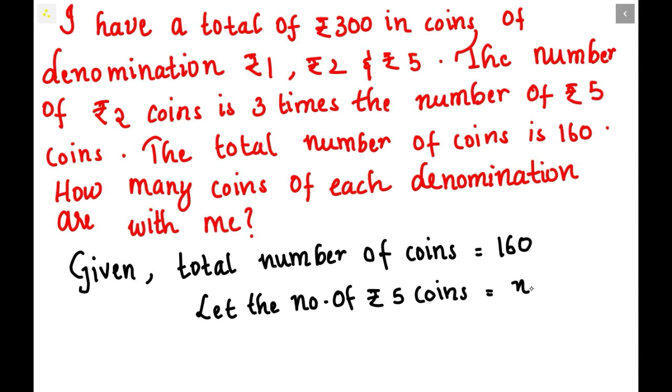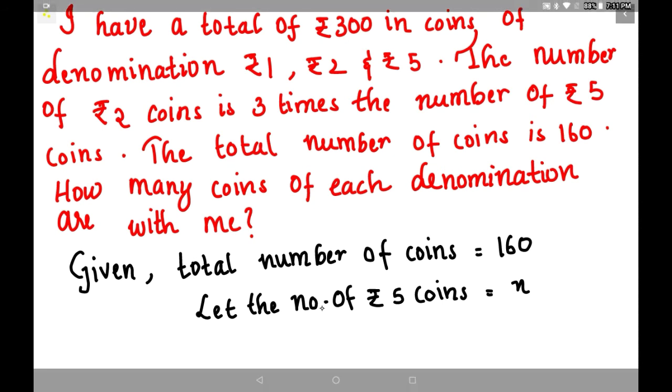Then from this we can find how many 2 rupees coins we have, because the number of 2 rupee coins is 3 times the number of 5 rupee coins. If we keep 5 rupee coins as x, then the number of 2 rupee coins will be 3x.